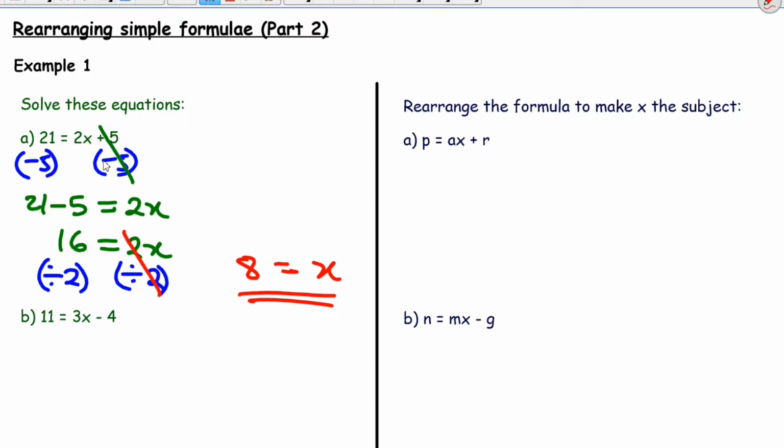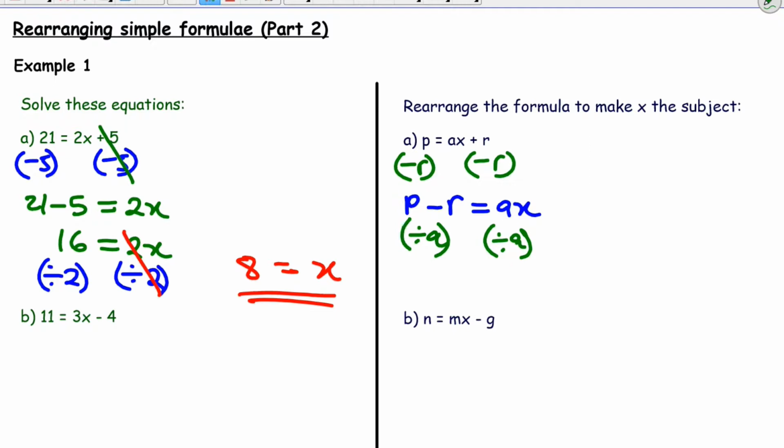So the first step will be subtracting r on each side. So subtract r on the right, r on the left. So we shall end up with p minus r is equal to ax. And then the next step will be to divide by a on each side, because a is multiplied by x.